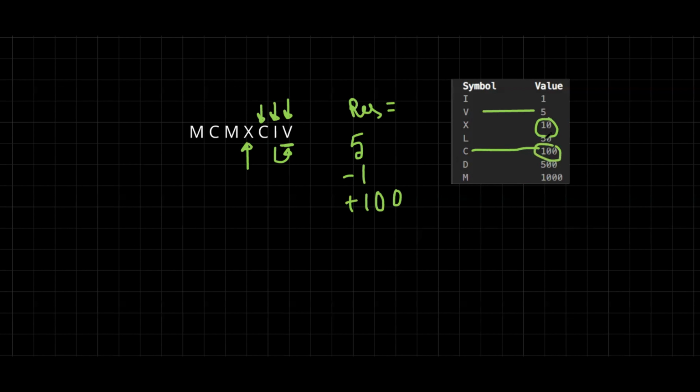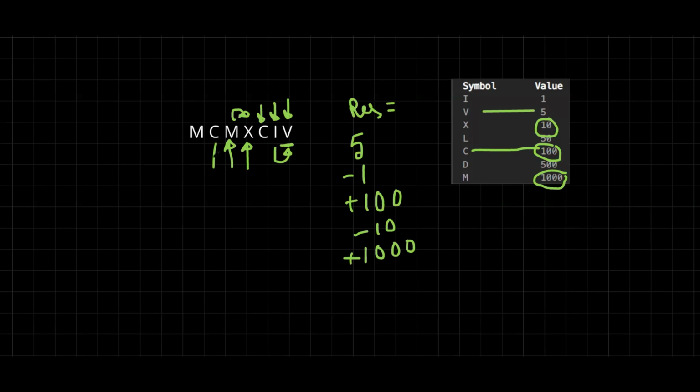So 10 is less than 100. So we have to apply -10 here. Now for this element M, the value is 1000 and the previous element is X, which is 10. So 1000 is greater than 10. So we have to add 1000 here.